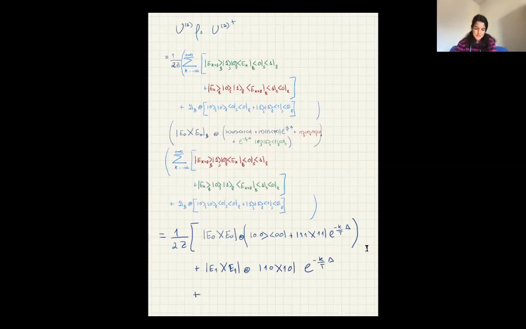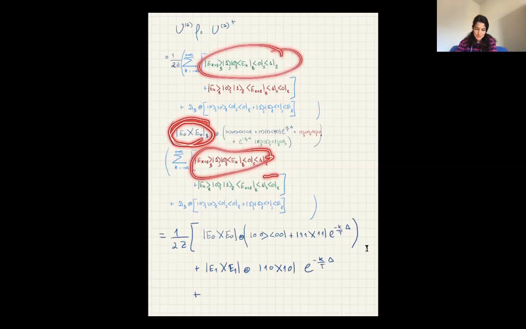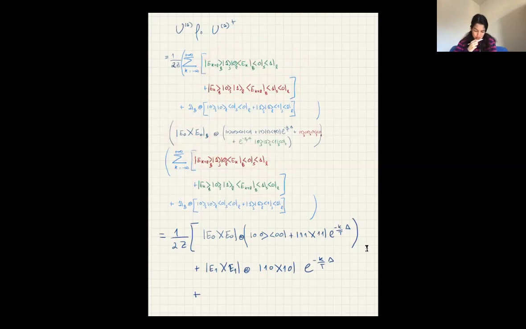Plus, the term that will survive is here when we have red on both sides. By the way, if you have green and red, then it will not survive because this acts on Ek, but this acts on Ek plus L. Well, not because of this actually, because this doesn't matter because the sum goes over all Eks, but this acts on 0, 1, and this acts on 1, 0, and all of these terms here, they are diagonal, right?